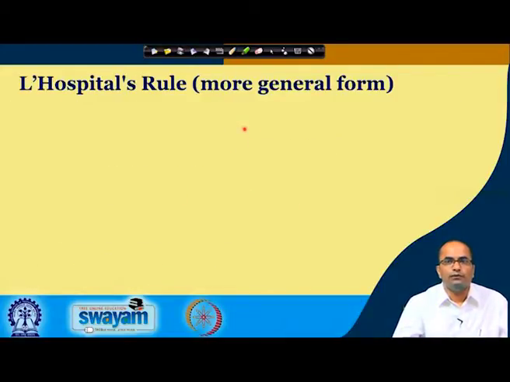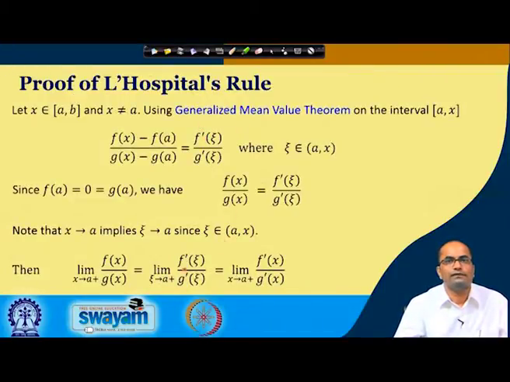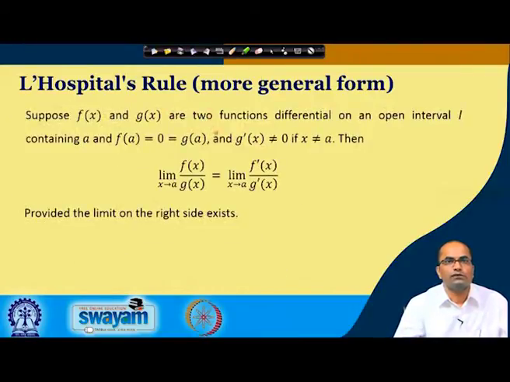There is a slightly more general form of this L'Hopital rule, because we have taken x to a from the right side, since we had taken the interval for the functions as a to b. So, this is a more general form.